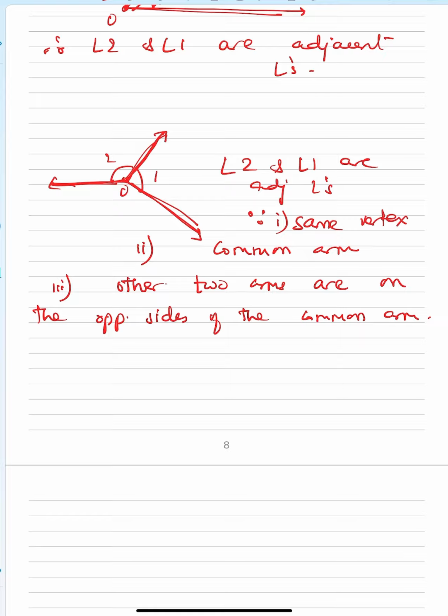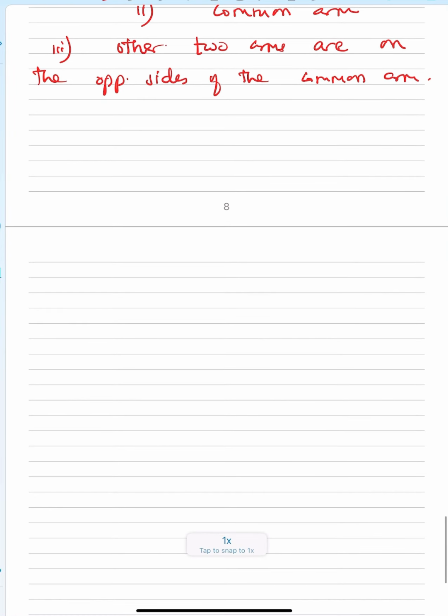Let us take one more example for adjacent angles. Say it is given like this to us, angle 2 and angle 1. Are they adjacent angles? No, because there is no common vertex and no common arm.